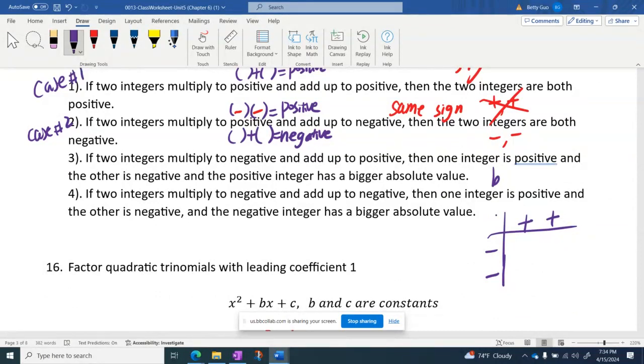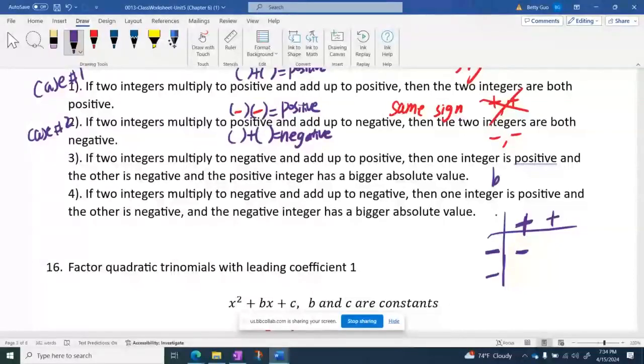If the two numbers have opposite sign, so if this is a negative, this is a positive, they multiply to negative. No, hold on, my bad.